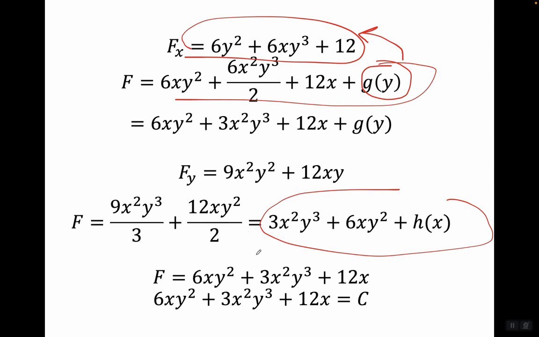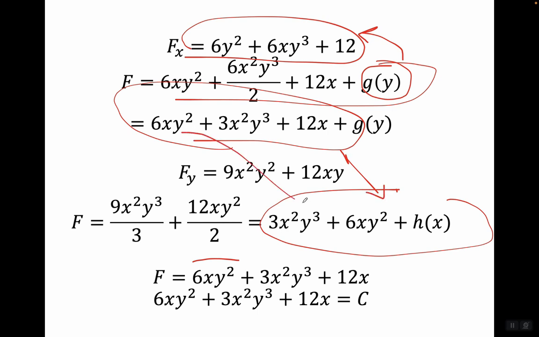Okay, so notice, when we compare these two, they seem to be almost the same. We got the 6xy², we got the 3x²y³. This one has a 12x and this one doesn't, but that's okay because this function of x must be 12x.